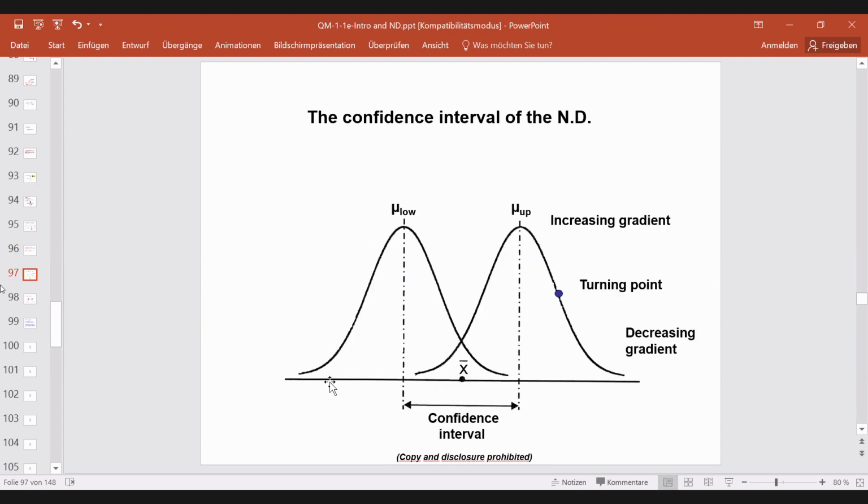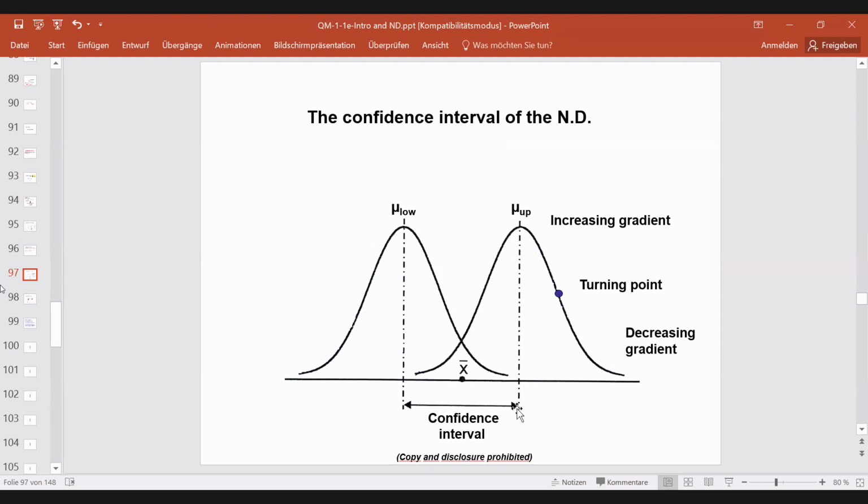So this means you have a mean value of the sample, and the real distribution of the population can be like that here on the left side with this low value. The mean of this population is low. It can also be that this sample belongs to a population which has a distribution like this. And this distribution has this mu up value.